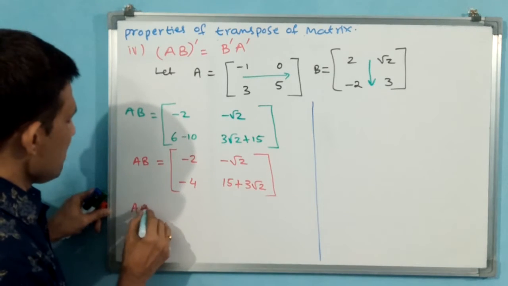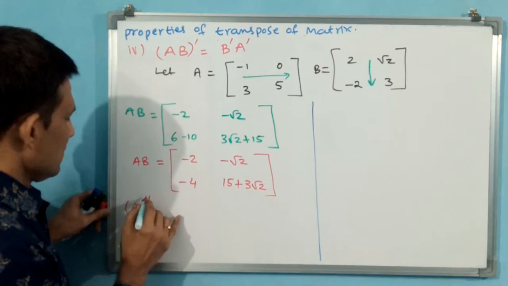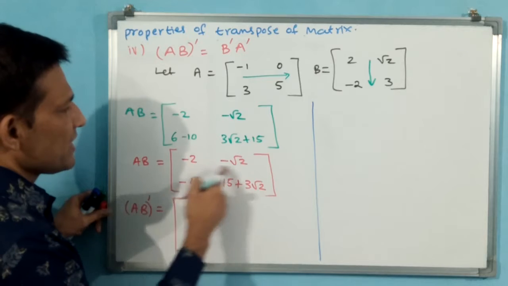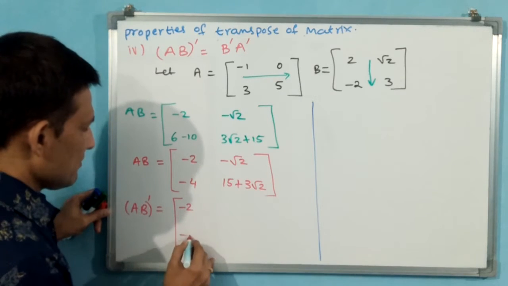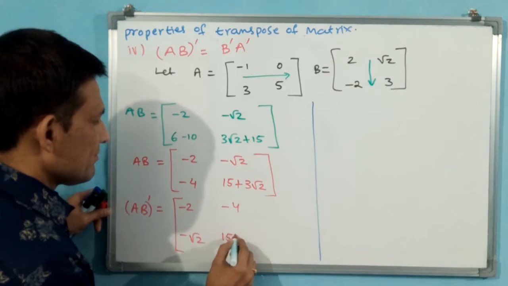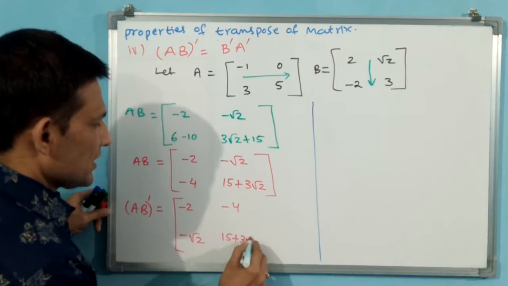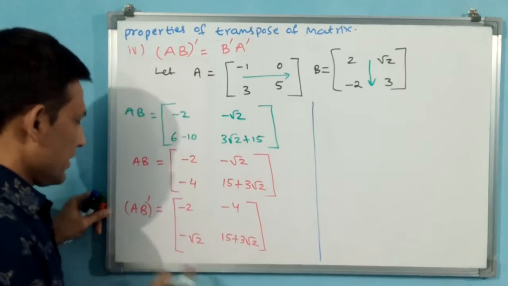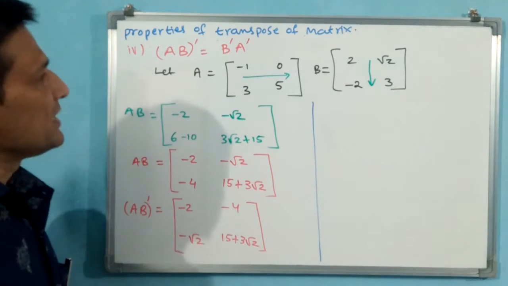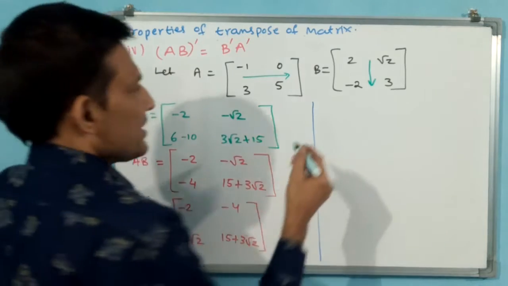Now I am making AB transpose. AB transpose means minus 2, minus root 2 is going to become the first column, and this is going to become the second column. This will be final. Now we do individually B dash, B transpose and A transpose, and multiplication.